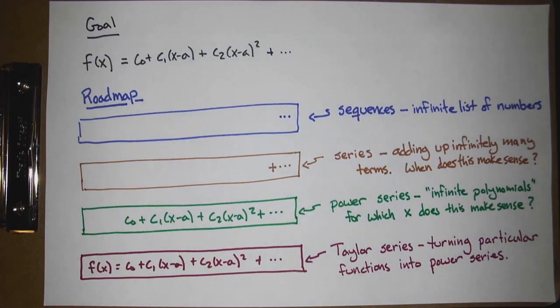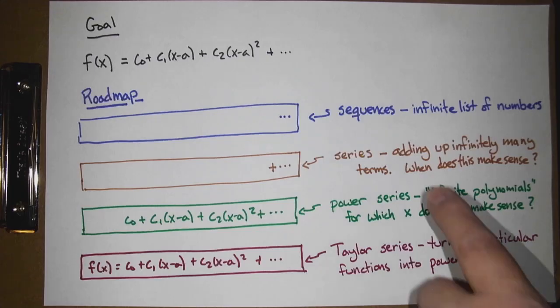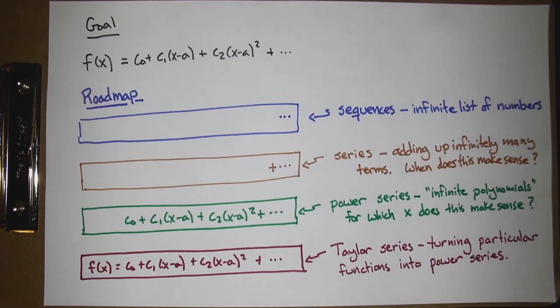And as a reminder, when we started this part of the course, we had a goal, which was to say, hey, we want to write our function as a polynomial. We started with sequences, infinitely long lists of things. We said, how can we add that up? When does that make sense? We then said, well, let's look at power series, which are these infinite polynomials. And finally, we reached the end.